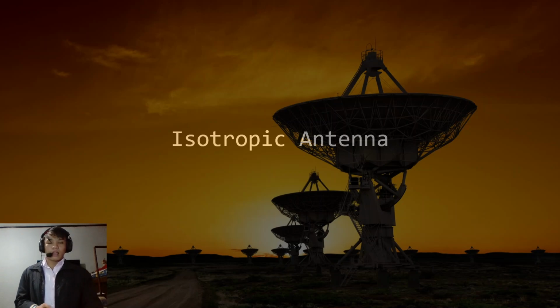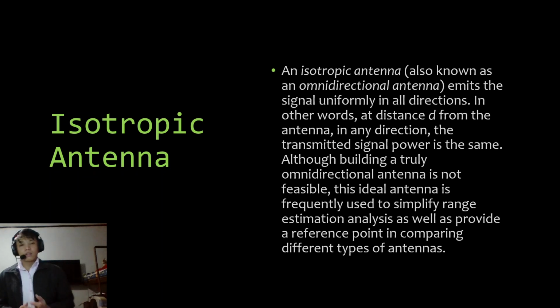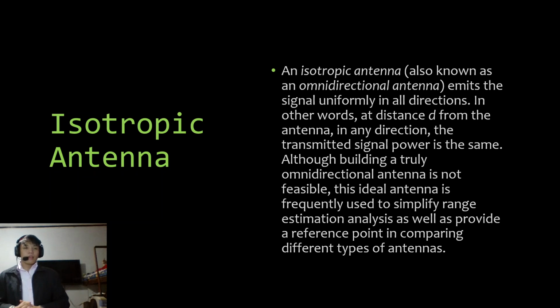So, isotropic antenna. An isotropic antenna is also known as the omnidirectional antenna. It emits the signal uniformly in all directions. In other words, at a distance from the antenna in any direction, the transmitted signal power is the same.